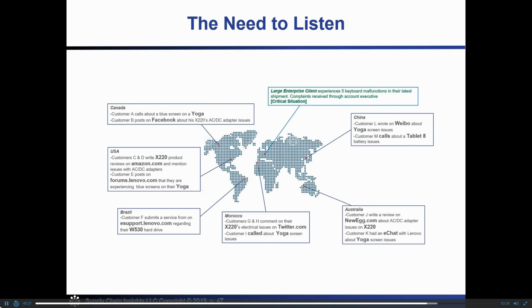But this is a case study of Lenovo. Lenovo had an issue: they couldn't read the success of new products. So they started taking rating and review data, and they started listening to sentiment. So this is for the Yoga product, so you can see Yoga.